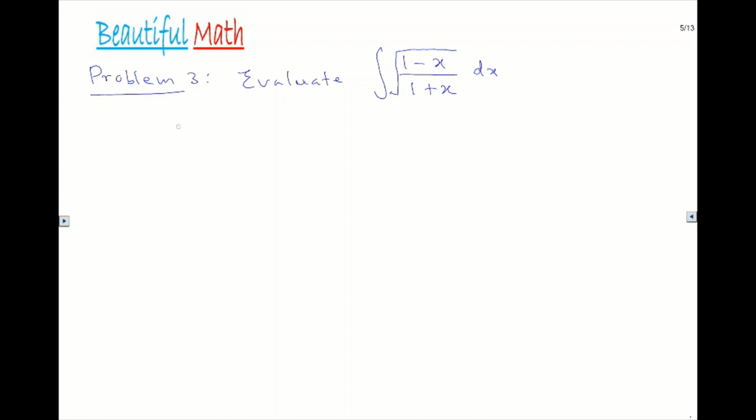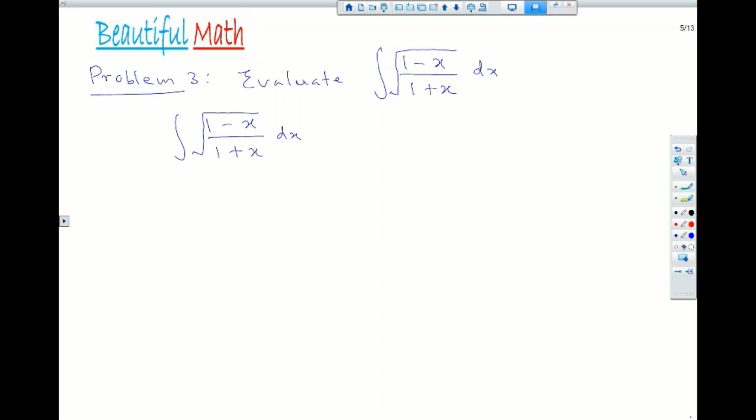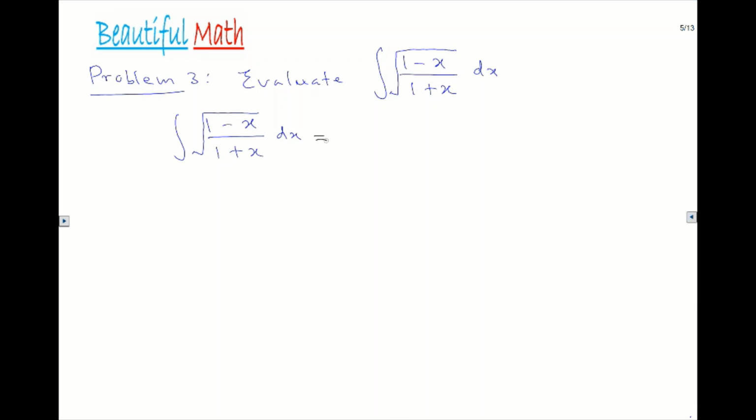So we can start with the square root of 1 minus x over 1 plus x. In this problem we're going to do a common algebra trick. We're going to multiply by the conjugate of the bottom function.